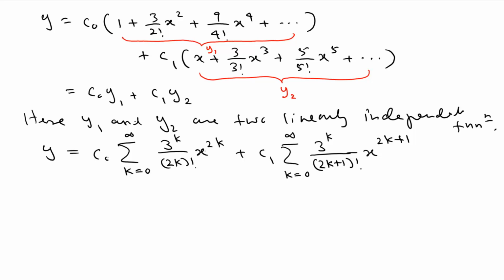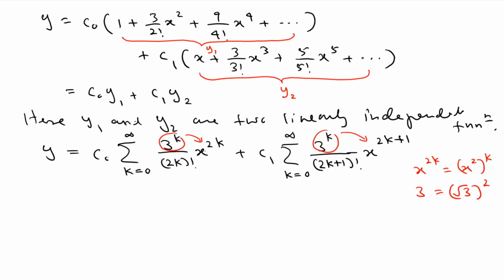So what else can we do? We can bring this 3^k term inside. We can write x^(2k) as (x squared) to the power k. Also, you can write 3 as the square root of 3, squared.